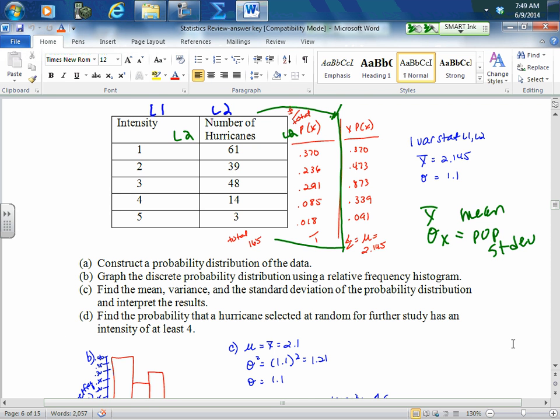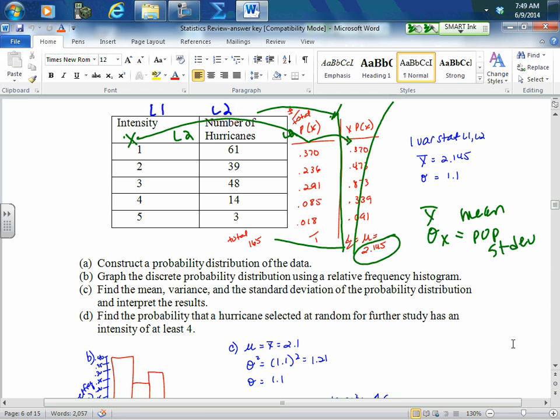Now, what we did when we went through this unit was there's another way to figure out only your mean, by taking this column, the x value, and multiplying it by this column and getting this one. If we add those all up, they came out to be your mean. However, we didn't get the standard deviation from that. So if you need the standard deviation, I wouldn't waste my time going through this column.